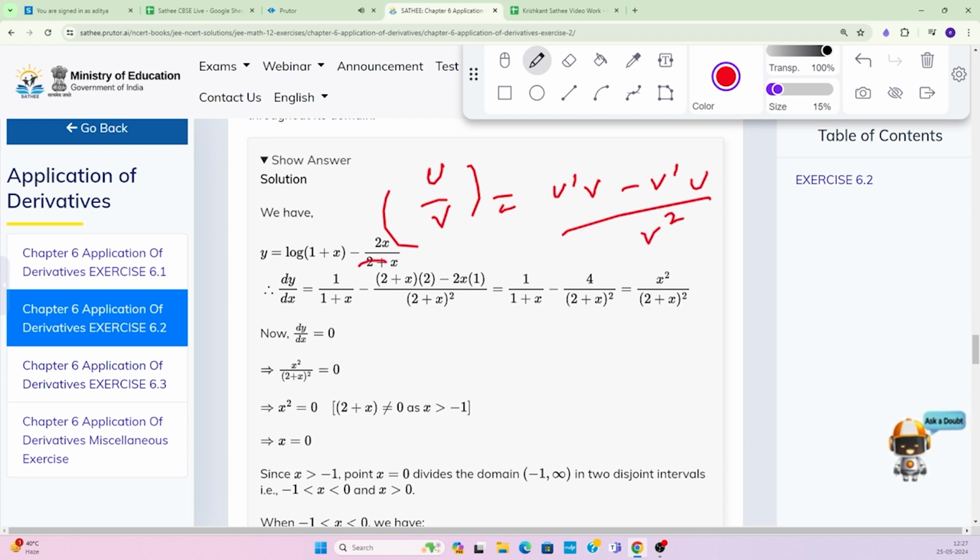Now V is your 2 plus x, and U is your 2x. Now putting everything in this expression, you will get this sort of expression.